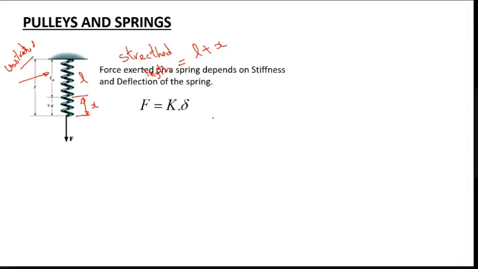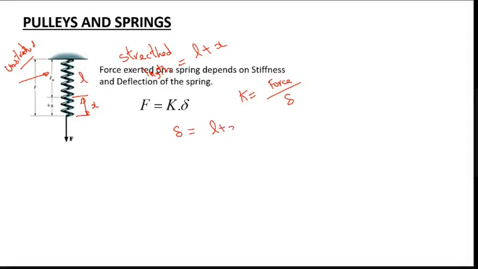There is a formula related to this. Your stiffness K is always equal to force divided by deflection of your spring, where deflection delta is equal to stretched length minus unstretched length.